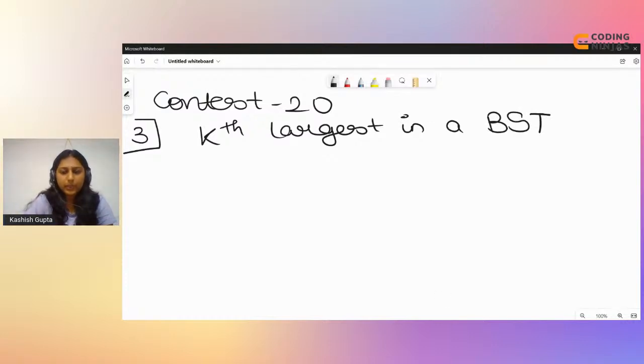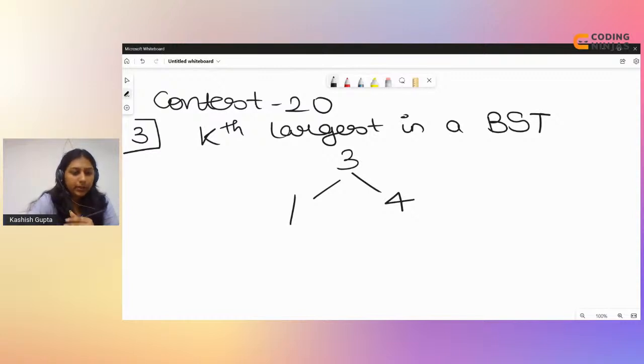The example that was given to us was 3 1 4, then -1 and 2, then all -1. So -1 means null here, and then 2. And in this, k's value is 1.